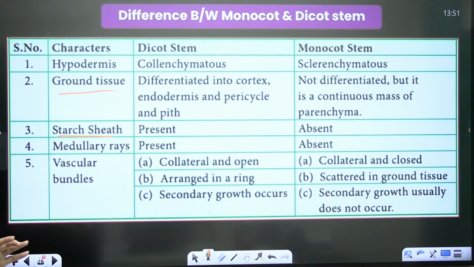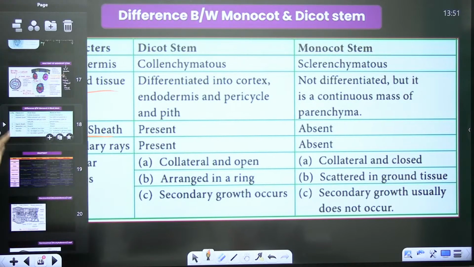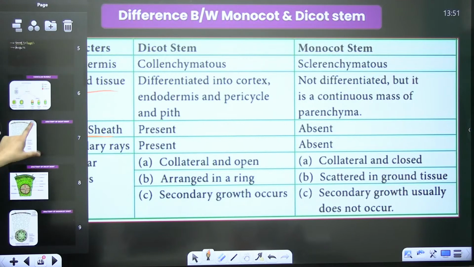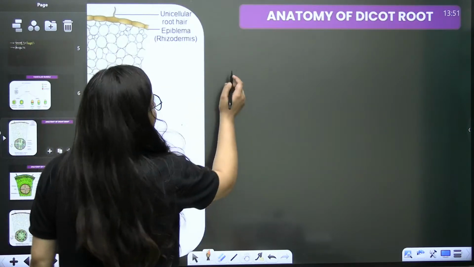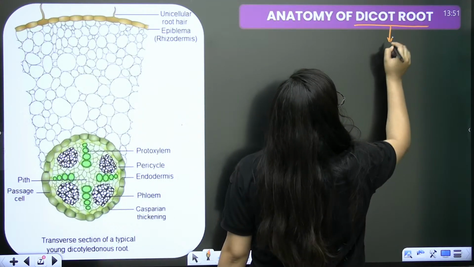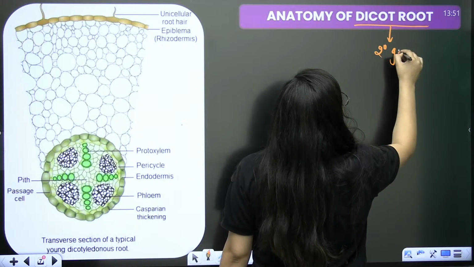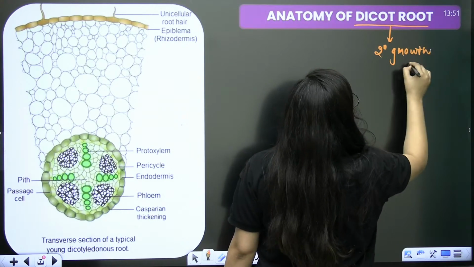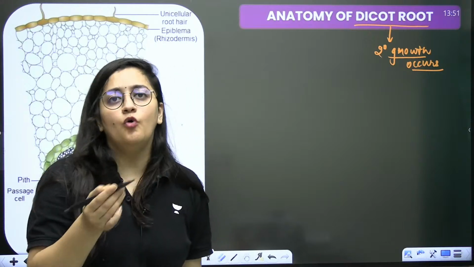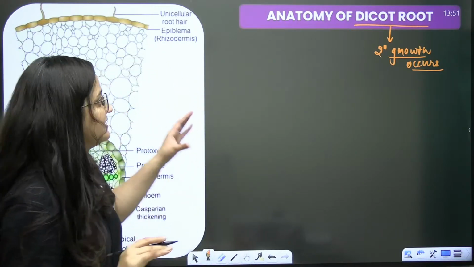Right, bache? Clear? So next is the dicot root and the monocot root. In dicot root, secondary growth occurs, but that doesn't mean that you will have an open type of vascular bundle here, because it is the root.